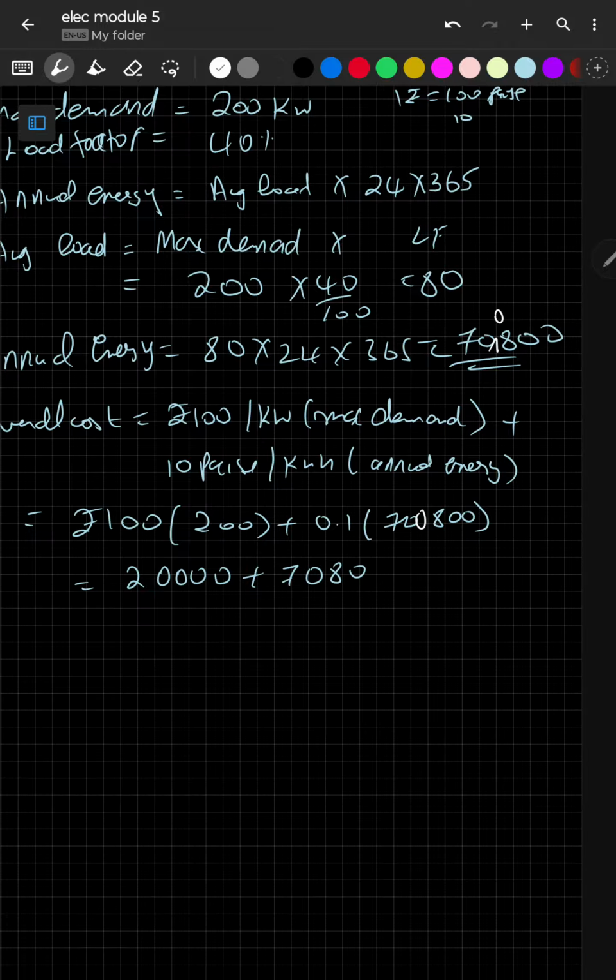So 0.1 into 70080 plus, still some mistake is there. Just give me a second, let me cross check. Initially when I had got 27008, which I have scratched.